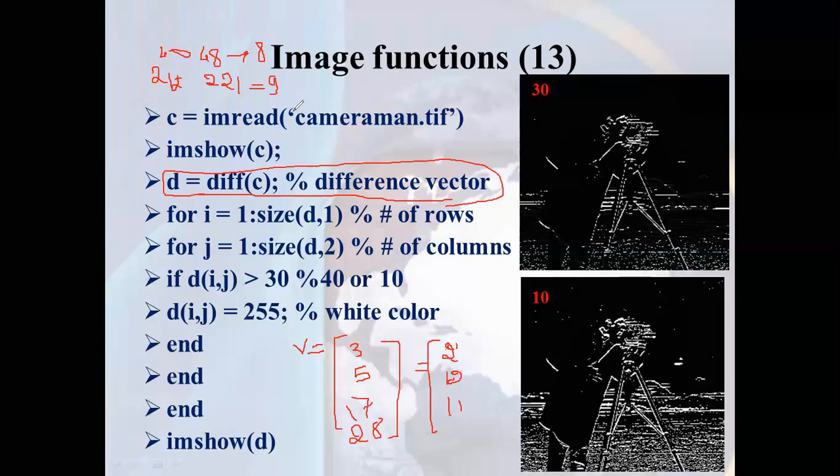The difference is high when we have one dark pixel and one light pixel. For example, a dark pixel 40 and a light pixel 220. If we differentiate between these two values in absolute value, the difference between them is 180.